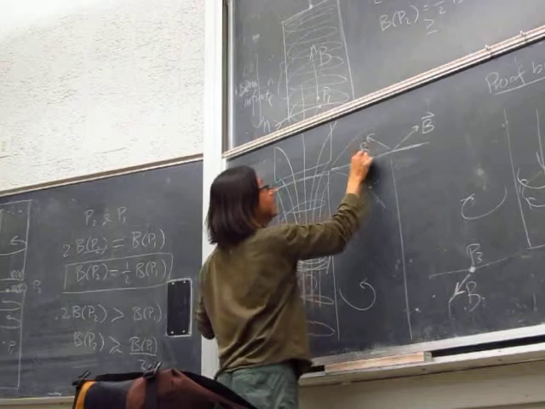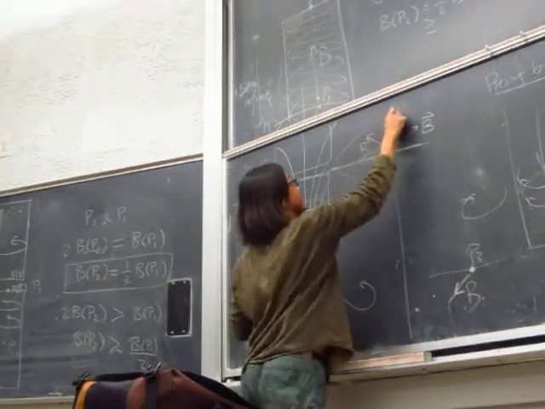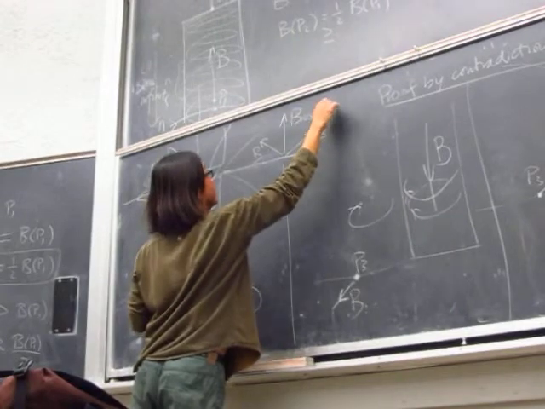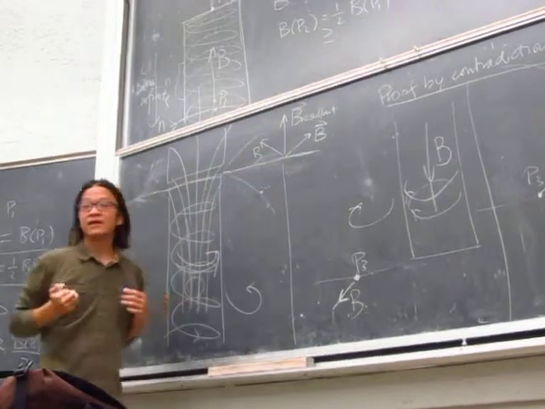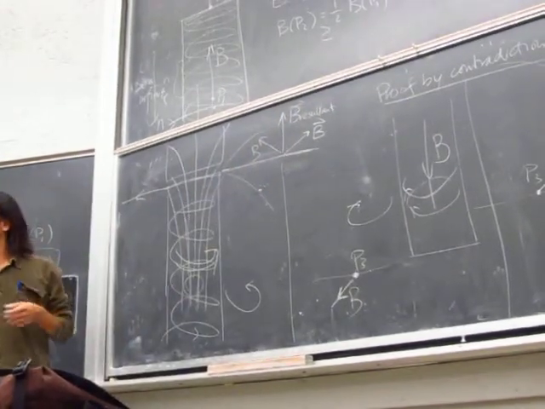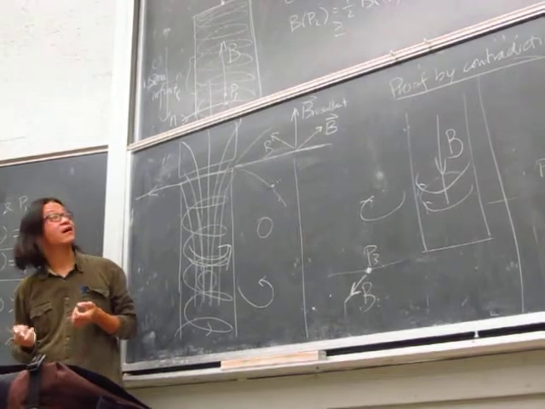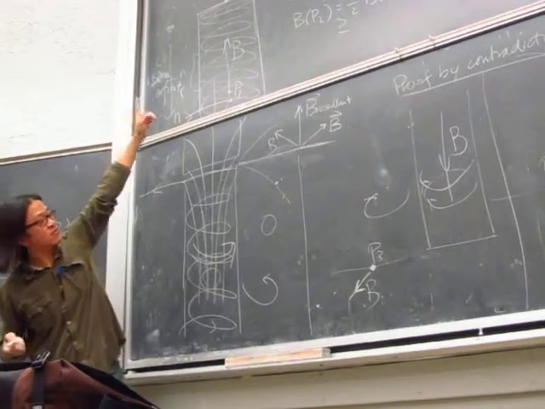But there is a B field like this, so the resultant B field is like that. We know for a solenoid, the B field is zero outside. So that cannot be true.